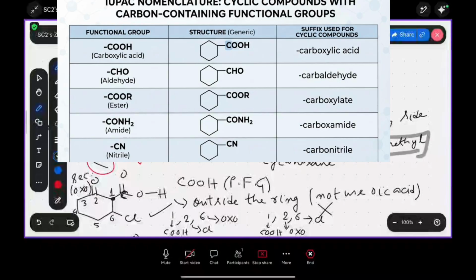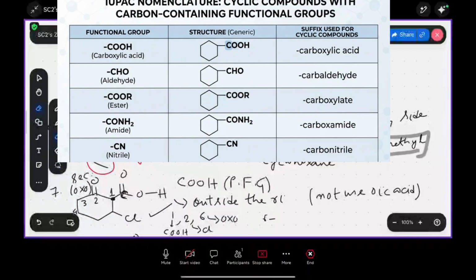It is 1 position COOH, 2 position chloro C, which comes alphabetically before, and oxo O 6, which comes alphabetically afterwards. So that means the IUPAC for this compound will be, that means it is 6 chloro. This one is, sorry, not 6.